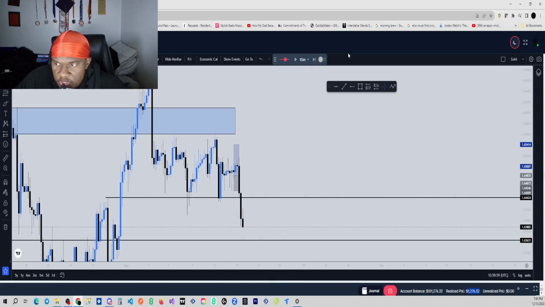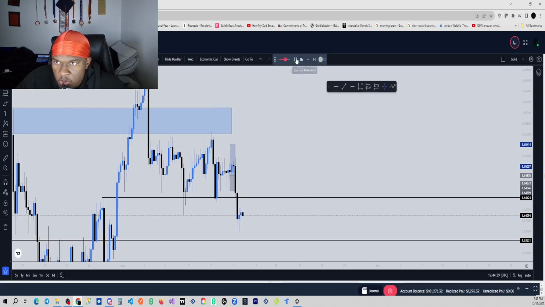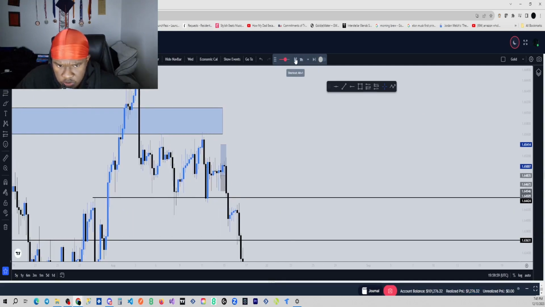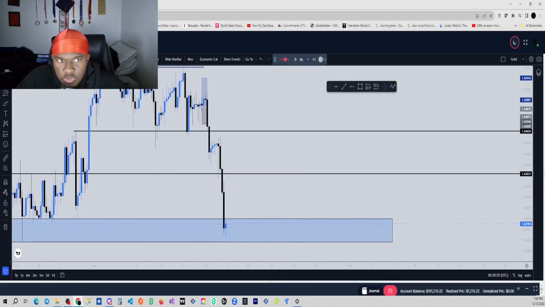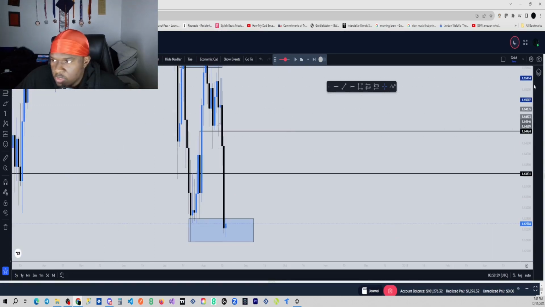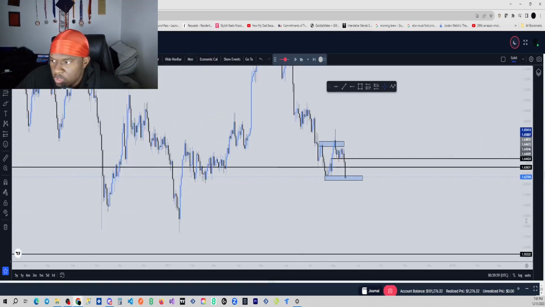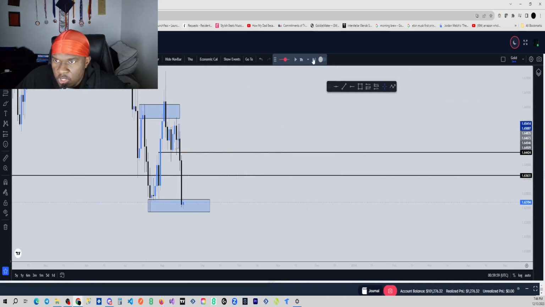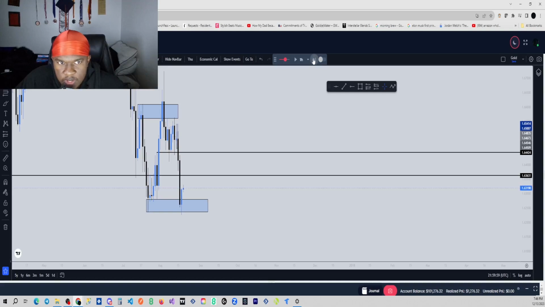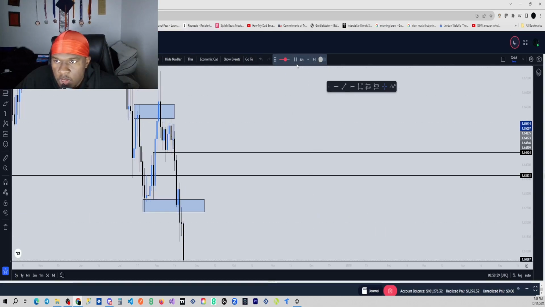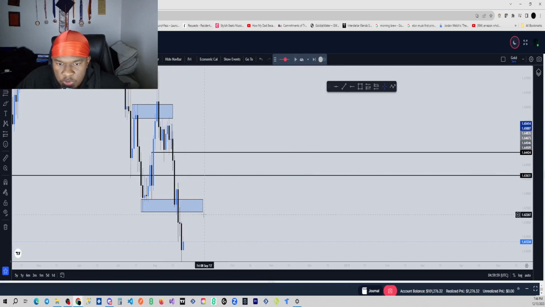I want price to break above here and retest, but we'll see what happens. See where we are in structure. Currently, we're in a no trade zone. We'll see what happens if price breaks below or not. All right, we've broken below. Boom, we broke below.